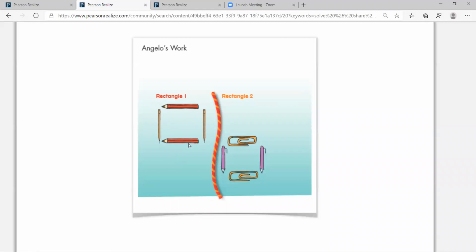Side to side and top and bottom are the same length, giving us a total of 1, 2, 3, 4 sides and 1, 2, 3, 4 vertices. On rectangle number 2, he used two paper clips and two pens, matching them up for pairs of equal length. His top and bottom are the same length, and his sides are the same length.